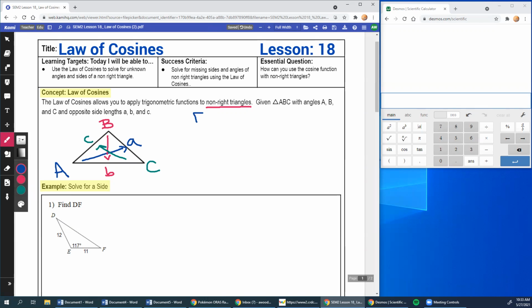All right, so our formula. This one is quite the doozy of a formula, but it's going to be a lot of calculator stuff.